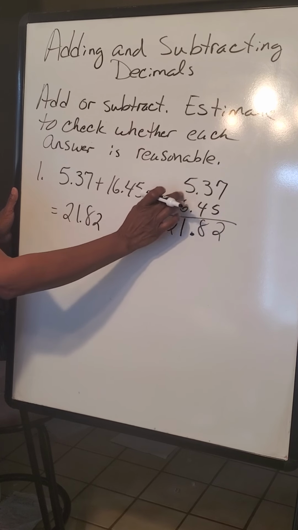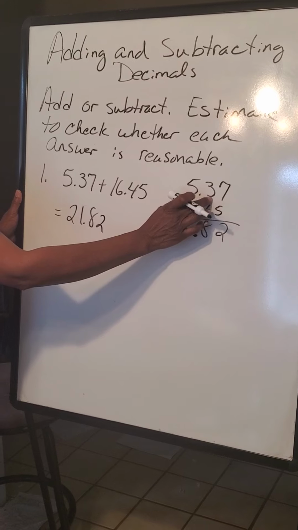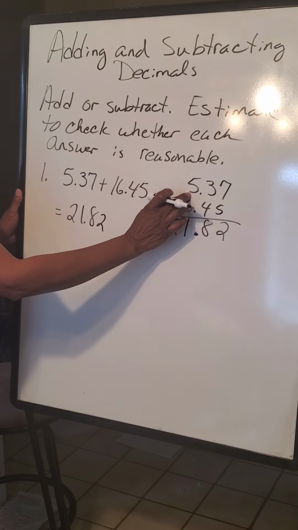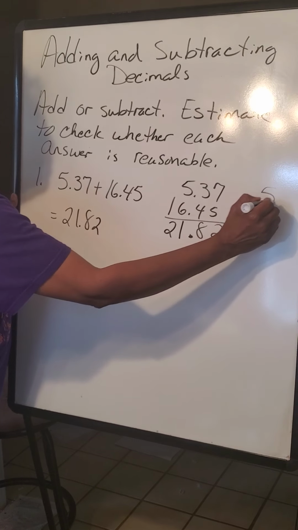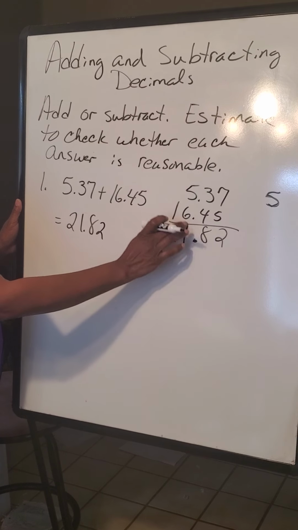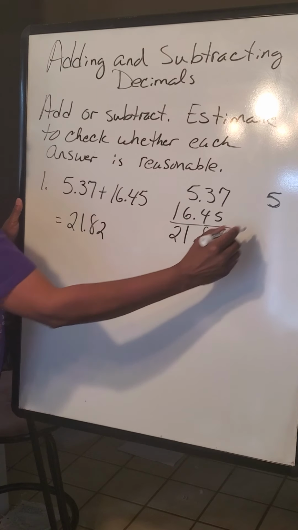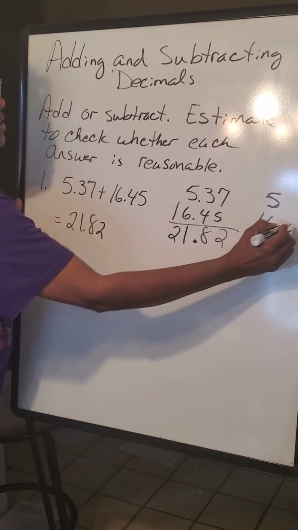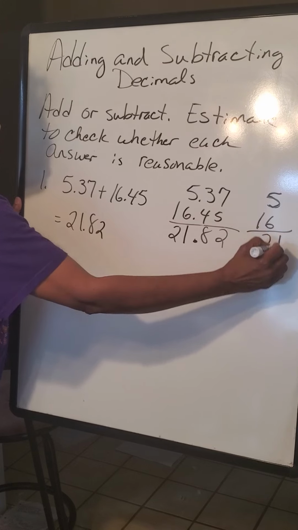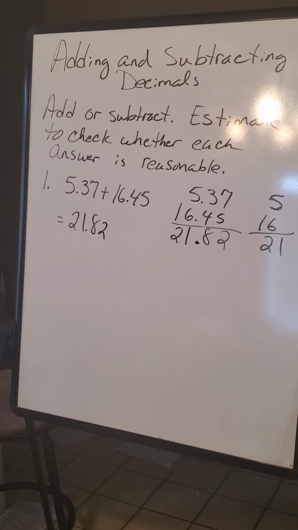In order for me to increase this to a 6, this would have to be a 5, 6, 7, or 8. So this rounded to the nearest whole would be a 5. When I round this to the nearest whole, again, I'll look at the 10ths place. This 6 remains the same, so that rounded gives me 16. So my estimated answer is 21, and that is close to that 21.82.